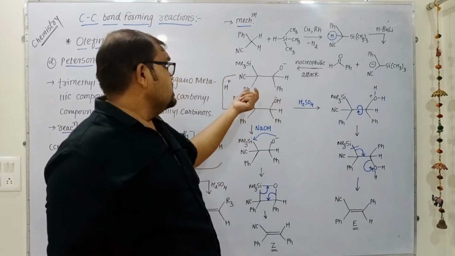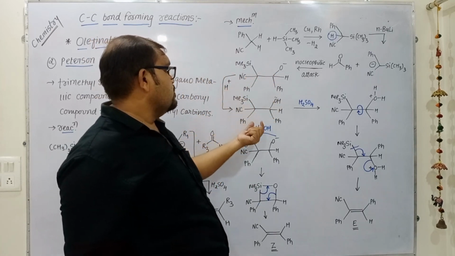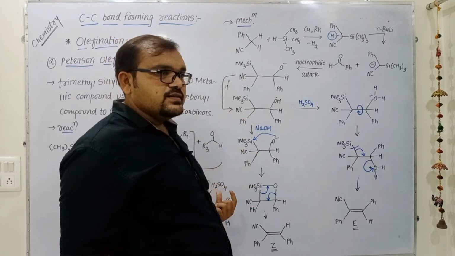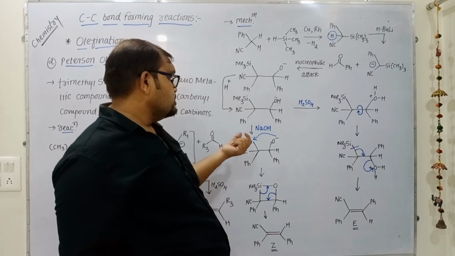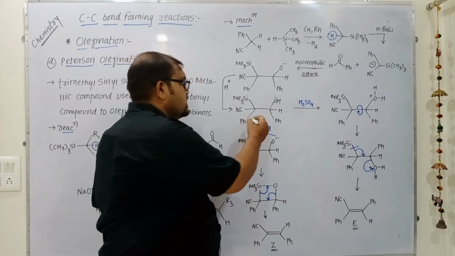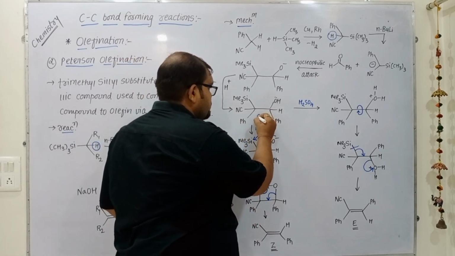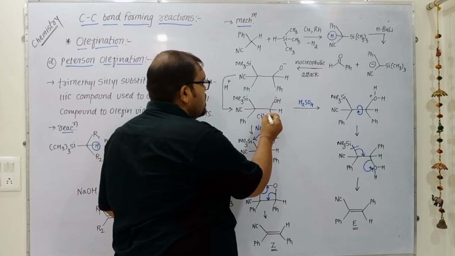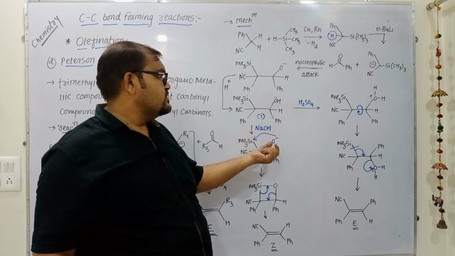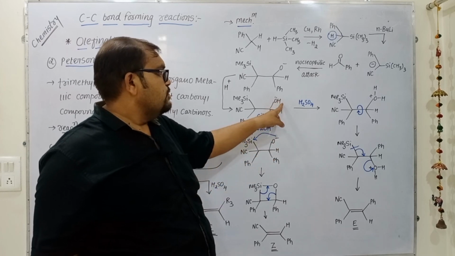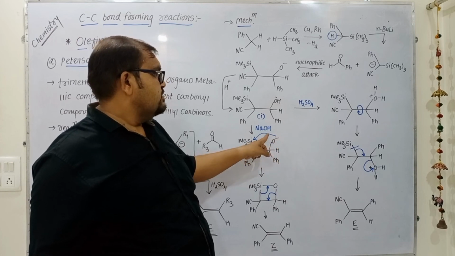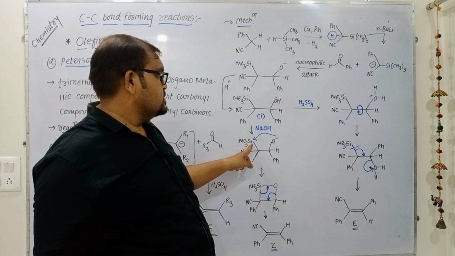Now this charged intermediate will abstract a proton and we will get this type of intermediate. Now as we have discussed in the reaction, if we carry out the reaction of this intermediate 1 with a strong base like sodium hydroxide, NaOH, it will abstract a proton from here and we will get a negative charge, and this negative charge will attack the positively charged silicon.